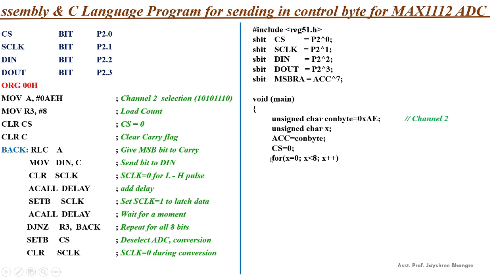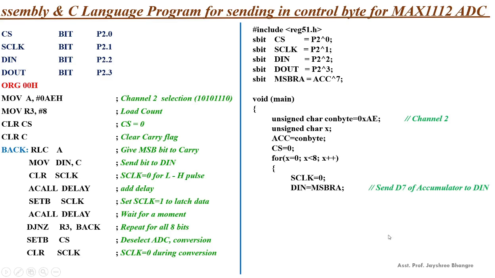Again we are using a for loop for the counter. So x equal to 0, x less than 8, and x plus plus. So it will repeat this for loop 8 times to send these 8 bits to the ADC. Here we are making SCLK equal to 0.